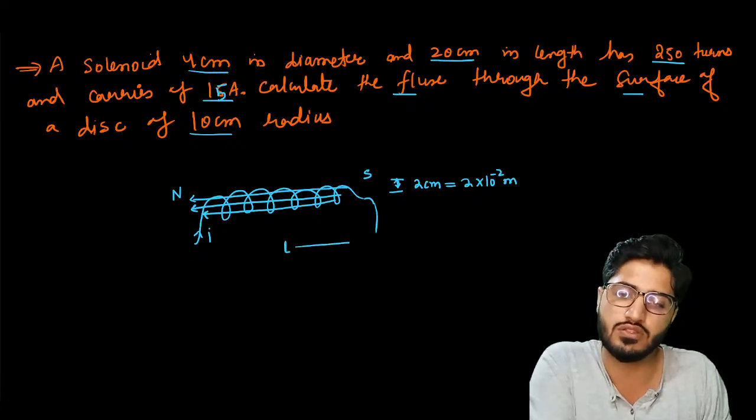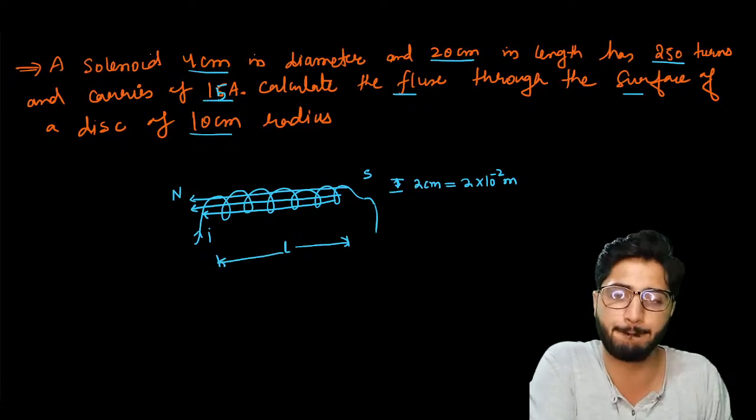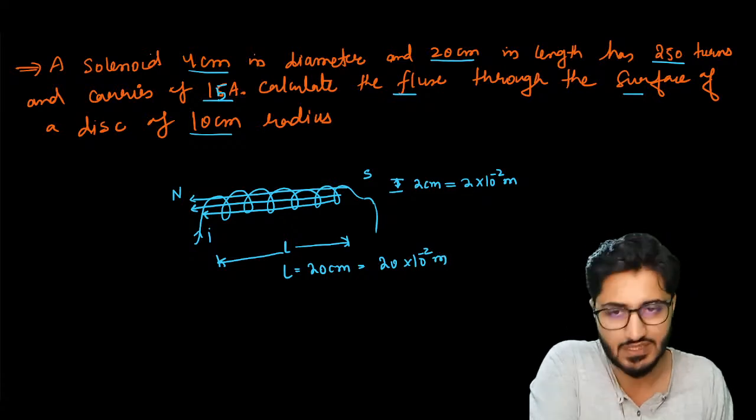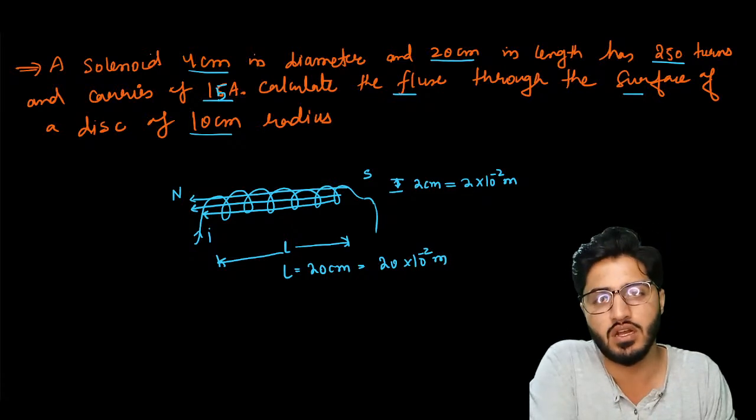The length of this solenoid is 20 centimeter, I can write it as 20 into 10 to the power minus 2 meter.